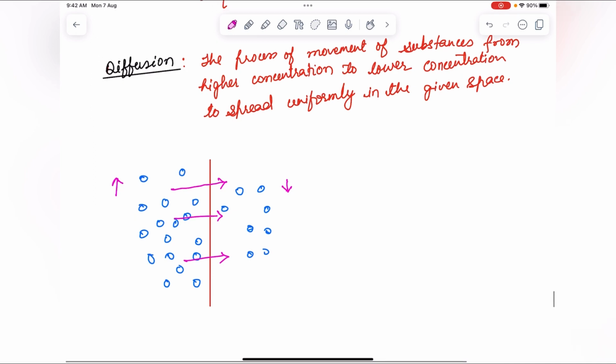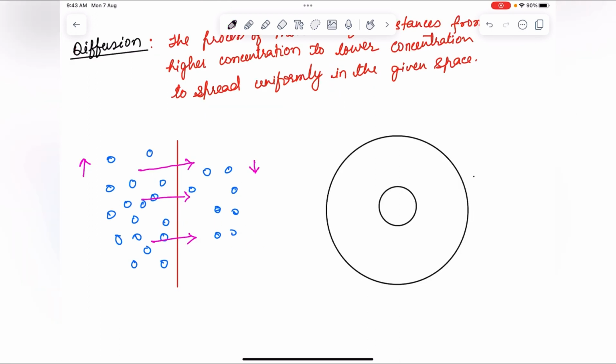I'll give you an example of how metabolic gases, CO2 and oxygen, diffuse in our cells. In our body, oxygen is required for oxidation. We get energy by the breakdown of glucose, and oxygen helps in the breakdown of glucose, so oxidation takes place.